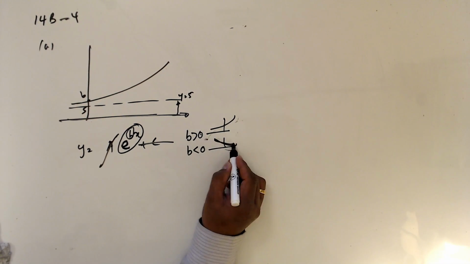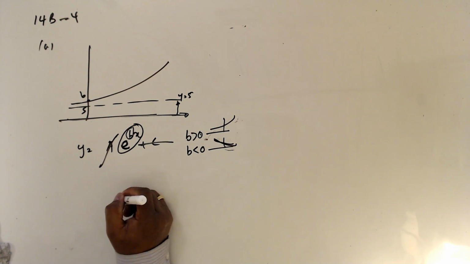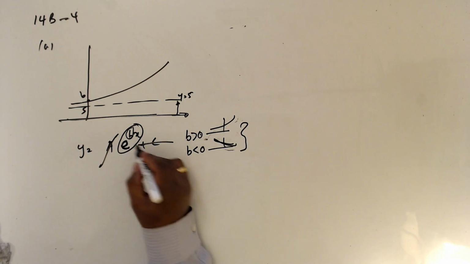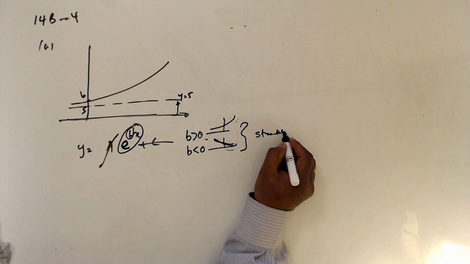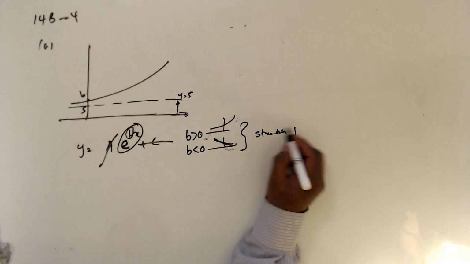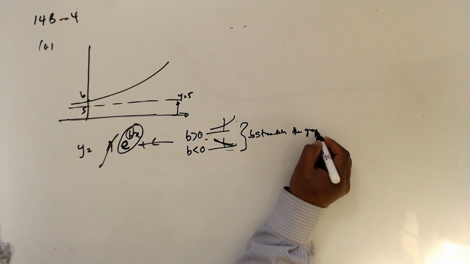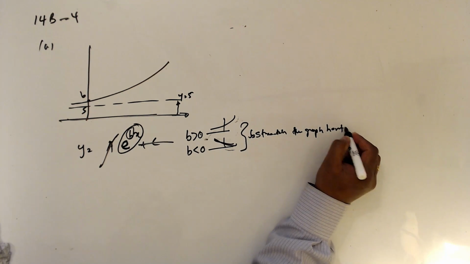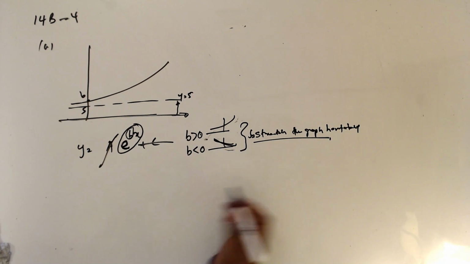So this is one task of b. The other task of b in here is stretching the graph horizontally. Right.